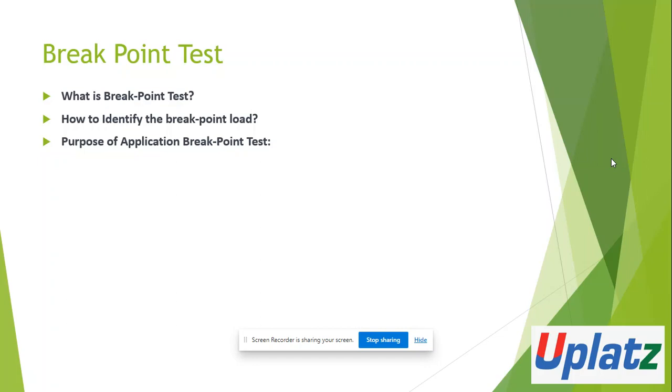If you are thinking that way, you're absolutely right. The primary objective is to find out the breakpoint of an application, at what particular user load your application breaks. Today we will focus on what a breakpoint test is, how to identify the breakpoint load, and the purpose of the application breakpoint test.